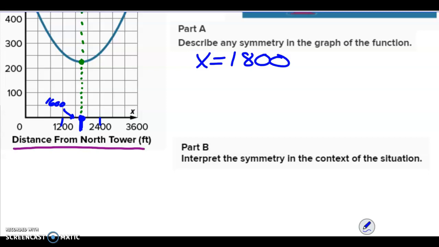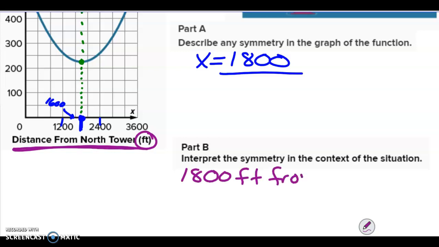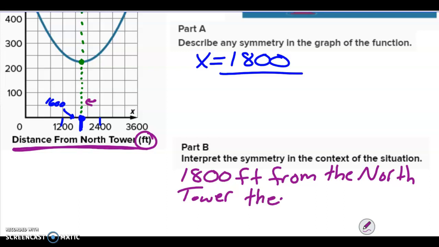Okay, so 1800 what? 1800 feet from the North Tower, we ended up with our line of symmetry. And we can go a little further.